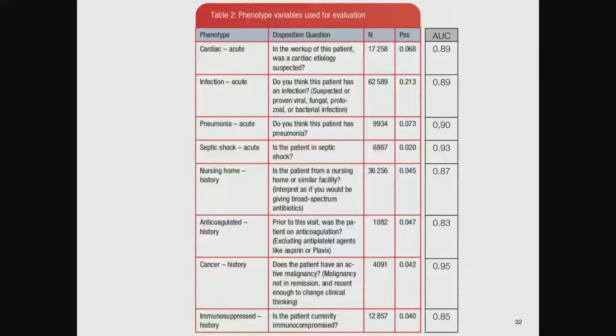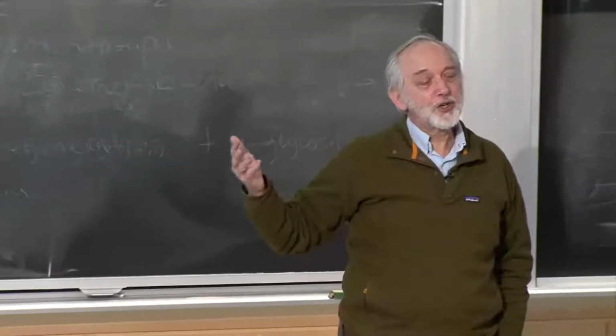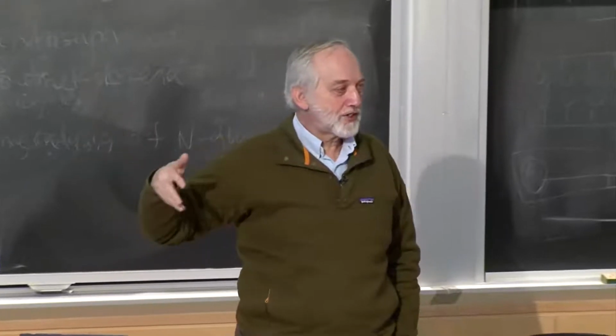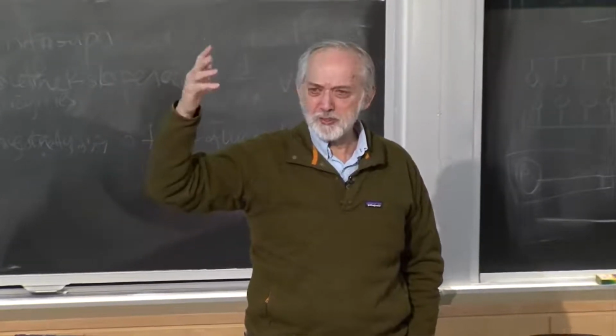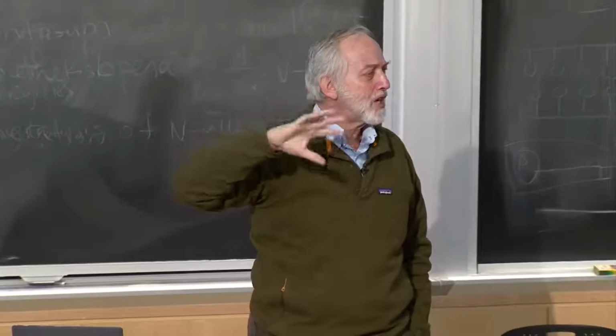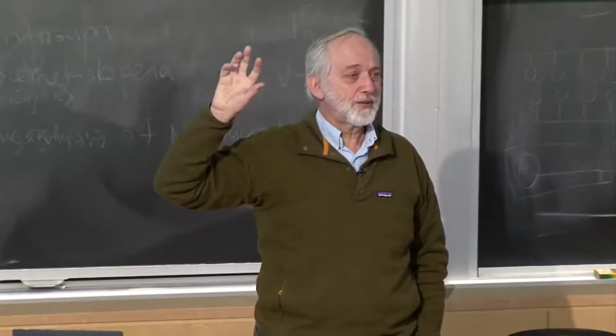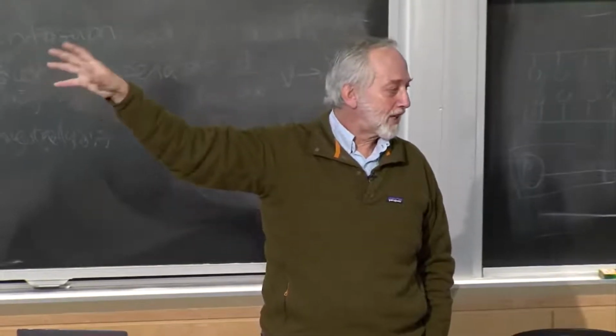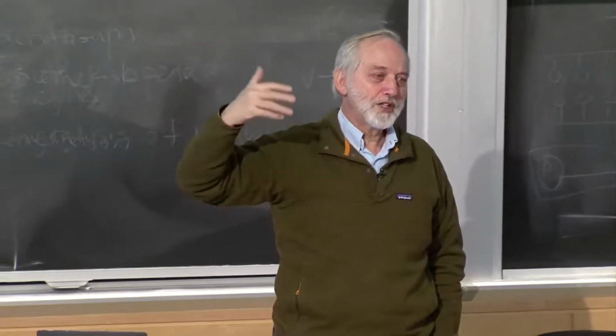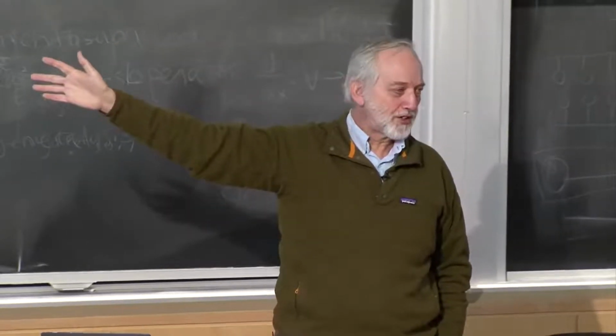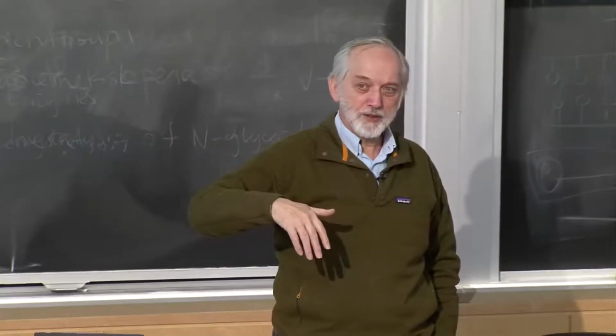And so this tells you that they're getting AUCs of between 0.83 and 0.95 for these different phenotypes. So that's quite good. They in fact were estimating not only these 8 phenotypes, but 40 something, I don't remember the exact number, much larger number, but they didn't have validated data against which to test the others. But the expectation is that if it does well on these, it probably does well on the others as well.